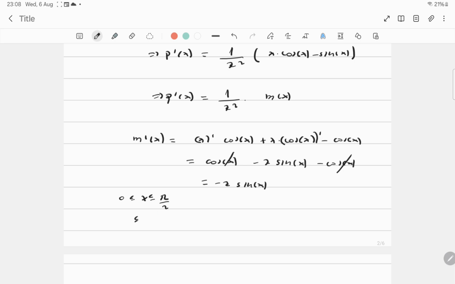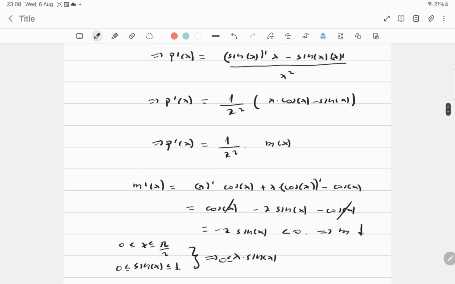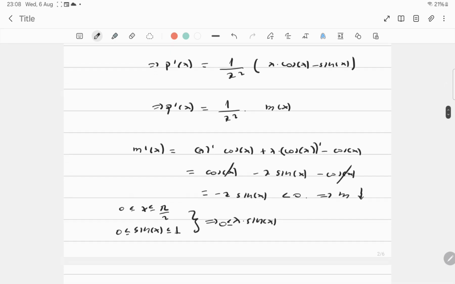Let's do some working out on the side. So x sine x is positive, so that quantity is negative. So it means that m is a monotonically decreasing function.